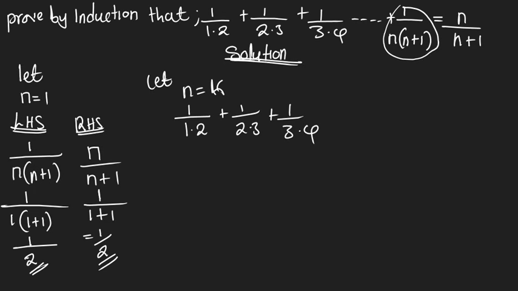Is it not mandatory that n is supposed to be 1? Oh, sir, our answer is 1 over 2. Your answer is what? The answer that you've gotten there is 1 over 2. Means n is not equal to 1.